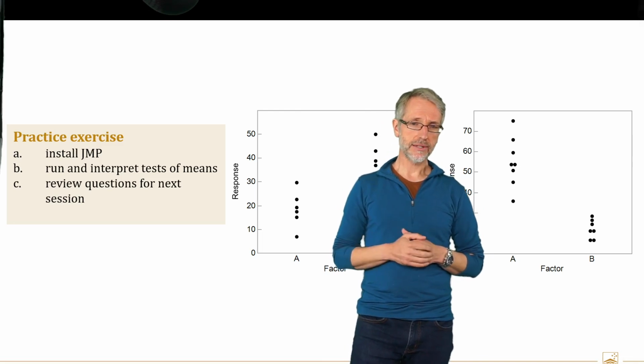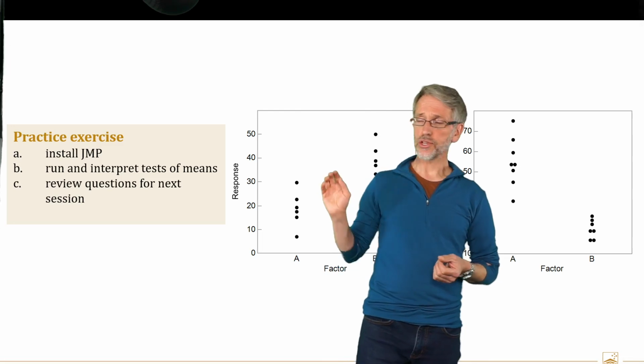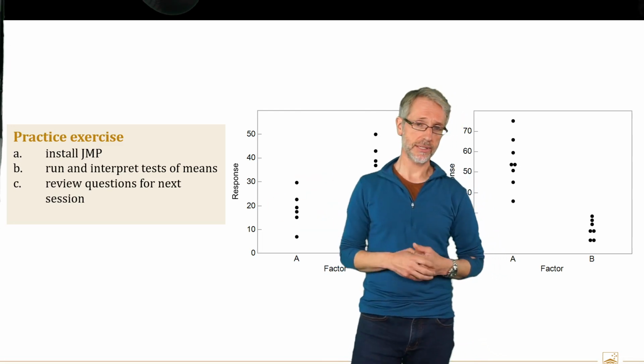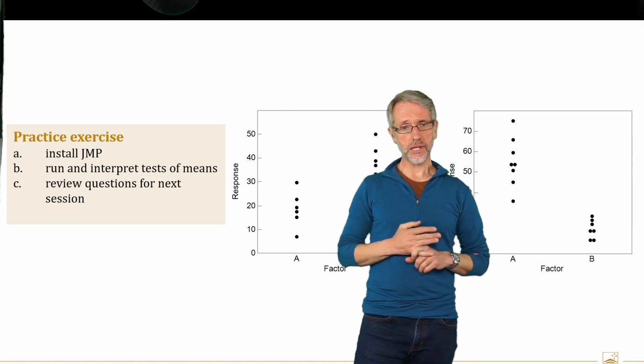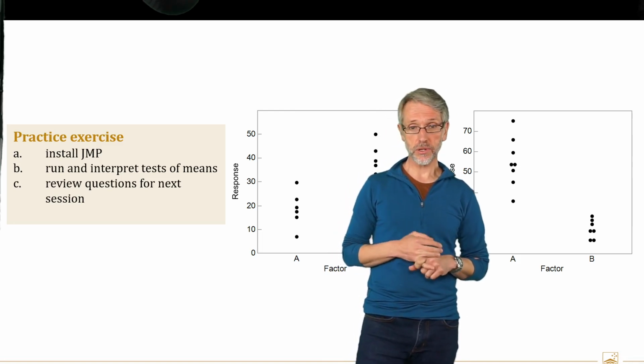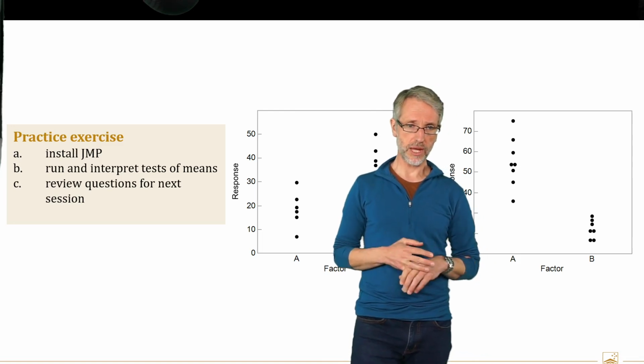When you've done that, or before you do that, make sure that you complete the practice exercise that is online. Download JMP and install it on your machine. Use the free download from the JMP website.